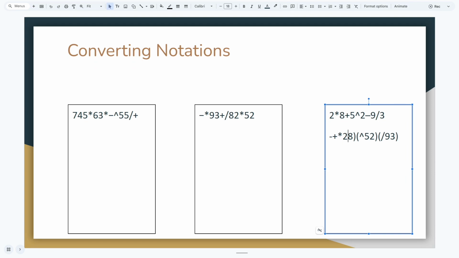It's only needed if you need to make sure that you're not messing up that it's actually a whole operand. So it's still pretty simple. You don't need to do that if you can remember what operands are grouped already. So now we got our converted answer for this, and now we can start converting infix to postfix.